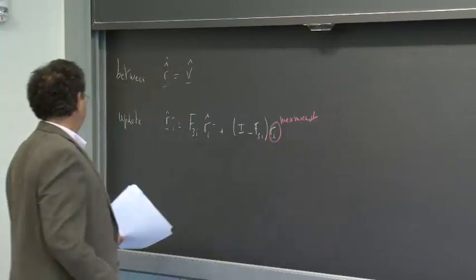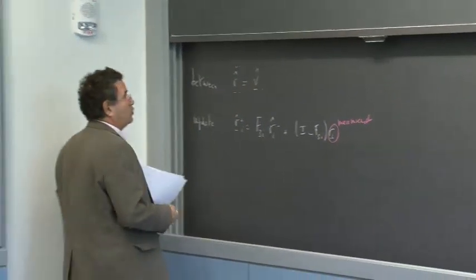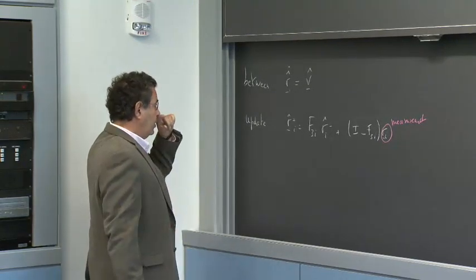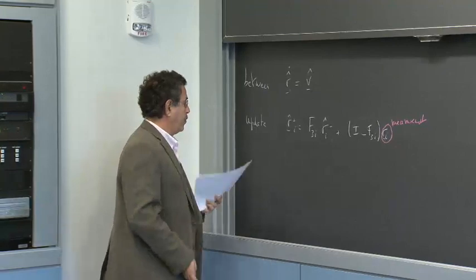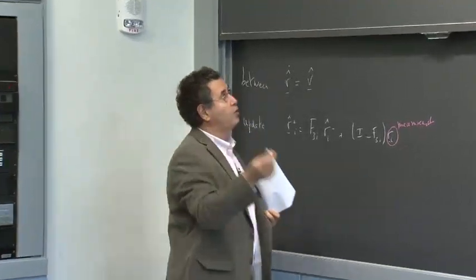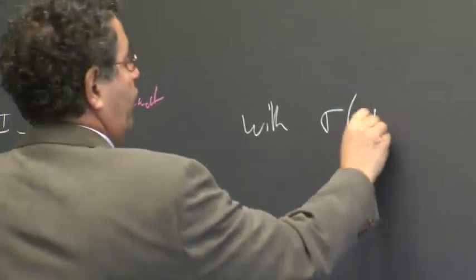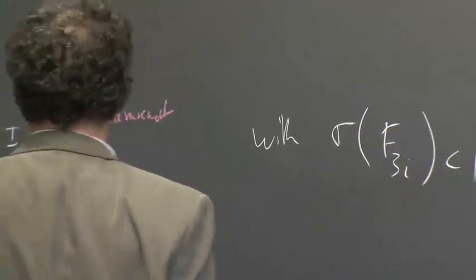So that's for the third term. You can do the same, and of course, similarly, you want sigma of F3i less than 1.